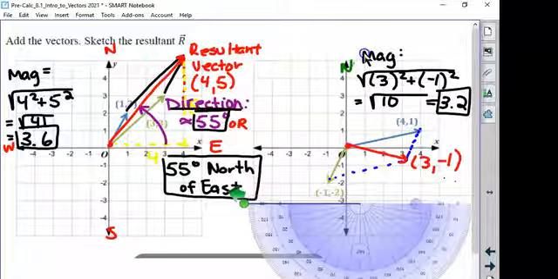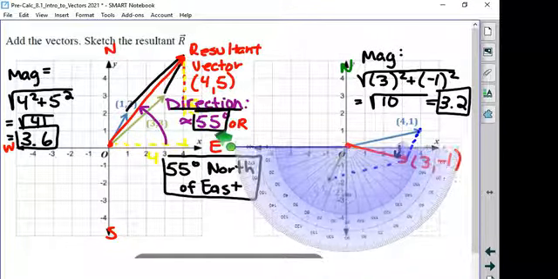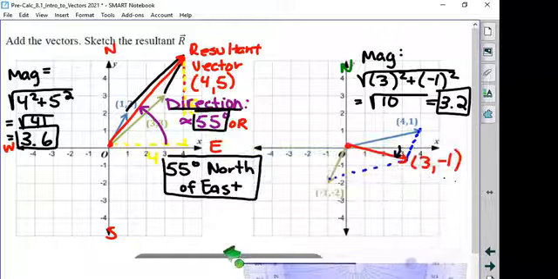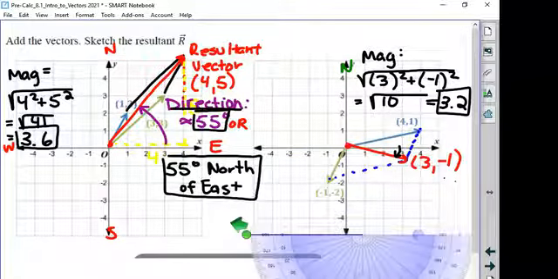Now it also has a direction. So if I measure this here, it's about 10 degrees south. So try to find a protractor when you do this on your worksheet. Use a protractor to measure that. Otherwise, honestly, that's not the way we're going to do it in the next section.